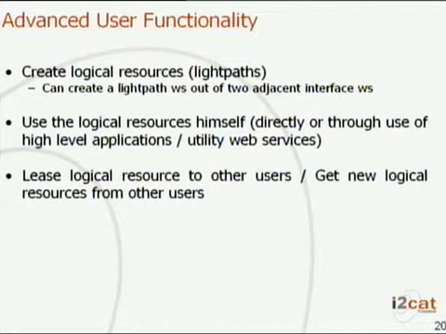For example, if he receives an interface that ends on one switch and an interface that ends on another, and they know they are connected, he can create a new link web service out of these 2 adjacent interface web services. And he can use the logical resources himself, so he can create the connections he wants over these resources and change them.